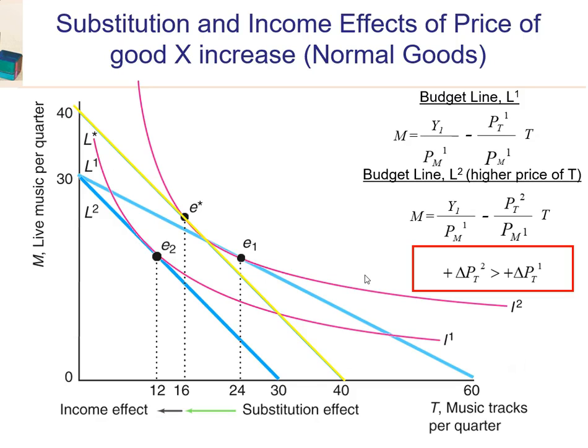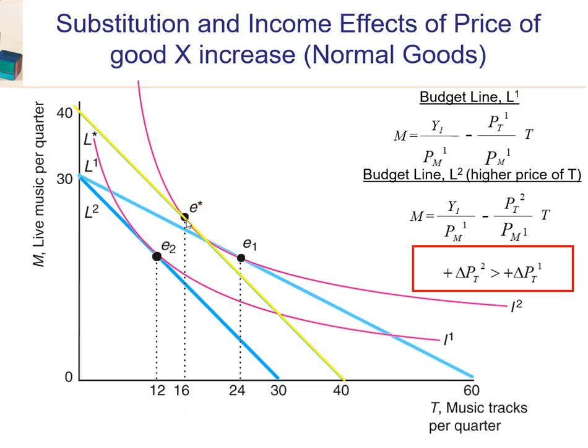So let's go back to our graph. This yellow line reflects the steeper budget, yes, because that's the new price ratio. This yellow line allows us to reach the original indifference level, I2. So you push this yellow line out to where it's just tangent to the initial indifference curve I2, and that's this hypothetical bundle E star.